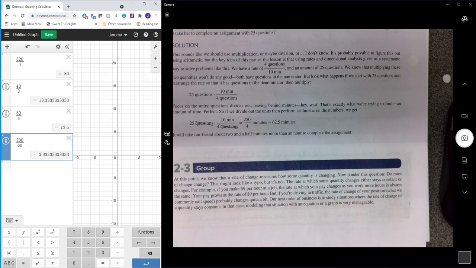Your pay grows at the rate of $9 per hour. But if you're driving in traffic, the rate of change of your position, which we commonly call speed, probably changes quite a bit. Our next order of business is to study situations where the rate of change of a quantity stays constant. In that case, modeling that situation with an equation or a graph is very manageable.